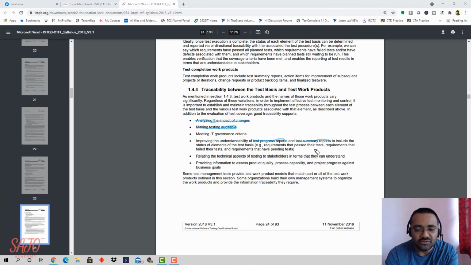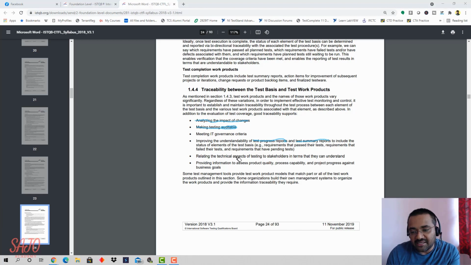Then the customer will know that these are the two requirements which are failing, these are the three requirements which are not tested. So instead of saying 20 test cases failed, if you say which two requirements are not met, it would be more meaningful to the customer or the stakeholders so that they can make informed decisions.